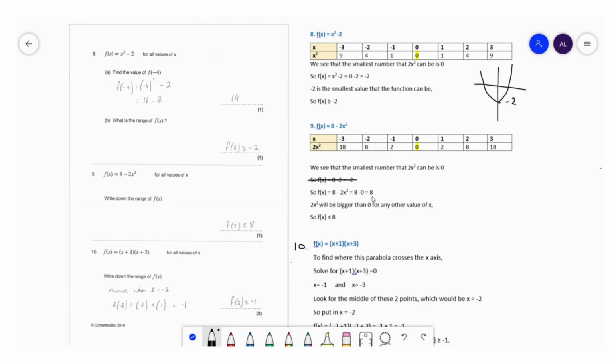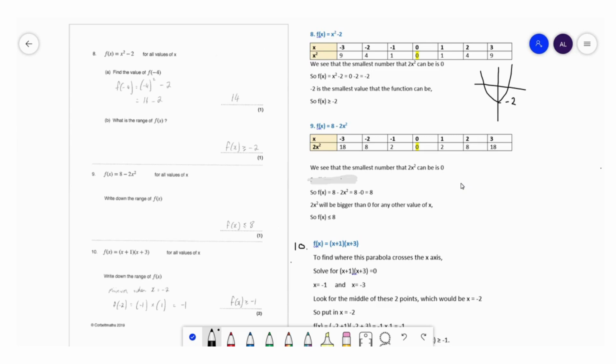So we know that that is the smallest value that 2x squared can be. So if that is the smallest and other numbers will be bigger than 0, then we know that all the other function values will be smaller than 8 because it will be 8 minus that number.